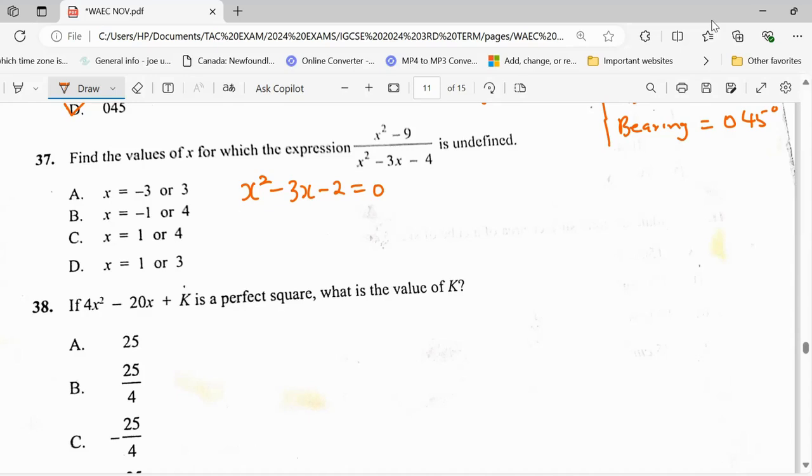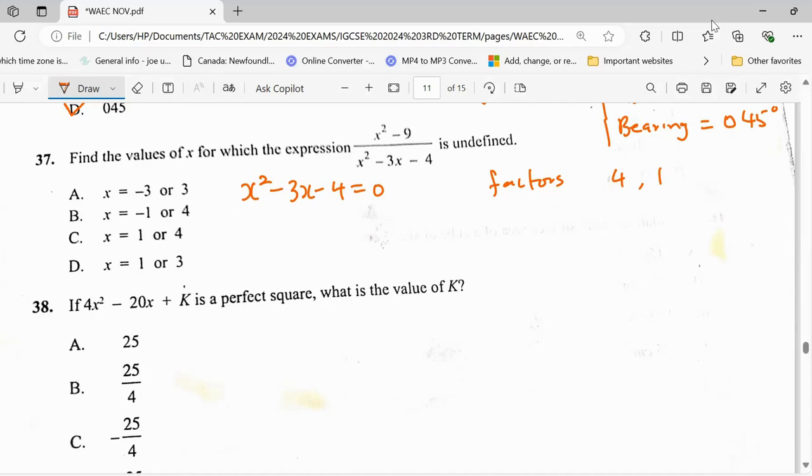Sometimes, again, you may be given an algebraic fraction and asked to find the value of x for which that algebraic fraction is 0. That one, you set the numerator to 0. So here, we are setting the denominator to 0, and then that will give us, this is minus 4 here. Okay, so now we choose the factors. We want to factorize. Let us take 4 and 1.